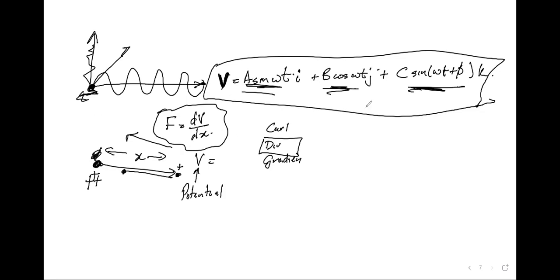Then I put it all together and say the force is equal to something. Differentiating in the x, y, and z directions, I would be able to tell you what the force is in all of those directions.